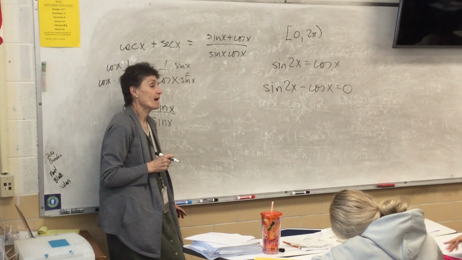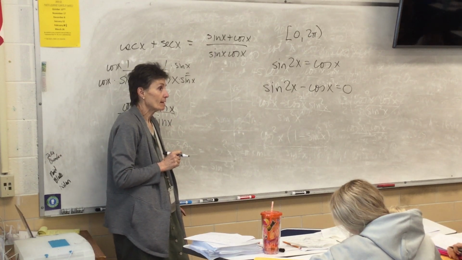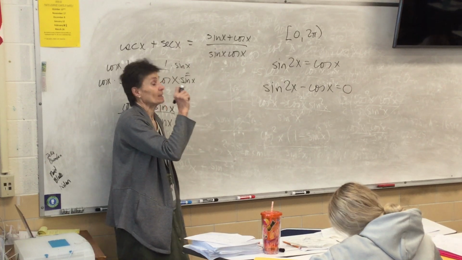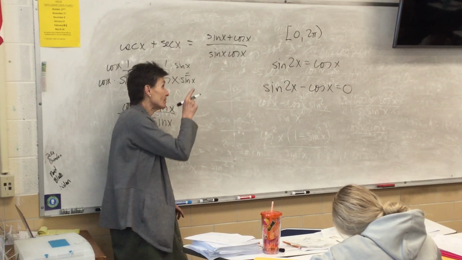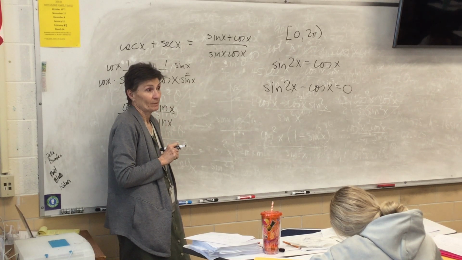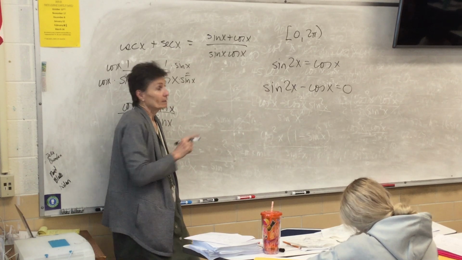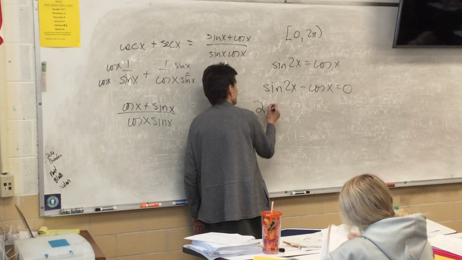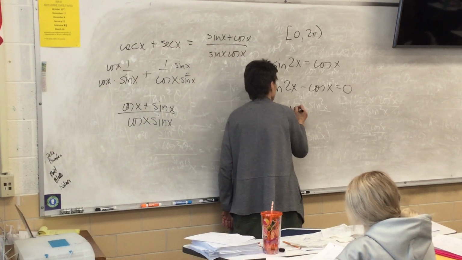But what do we know about sine 2x? Sine squared is 1 minus cosine squared. This is not sine squared, this is sine 2x. It's on your sheet, kids. The answer is always on your sheet. Sine 2x is 2 sine cosine.